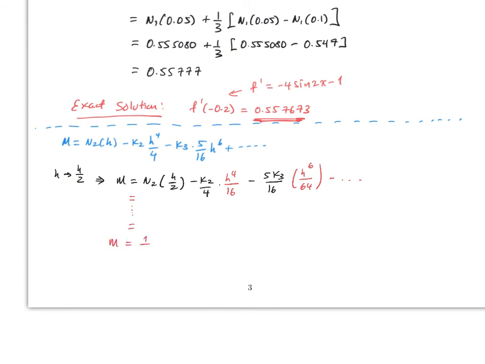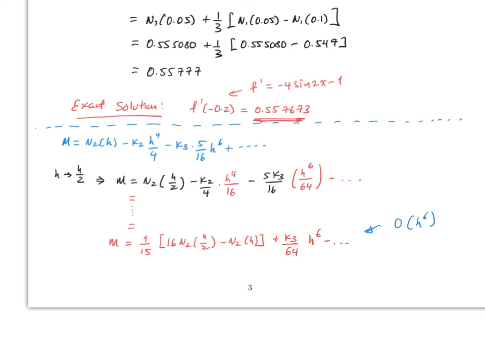This is one of the homework questions, and it's very likely you'll have something like this on the test too. You will end up with 16 N2 of h over 2 minus N2 of h, and you can still rewrite this. The point is that the h to the 4 will be gone now, and you will end up with k3 over 64, and now this will be h to the 6, and this will keep going, but the point is that now this one is O of h to the 6.